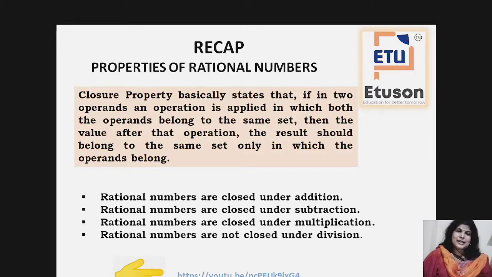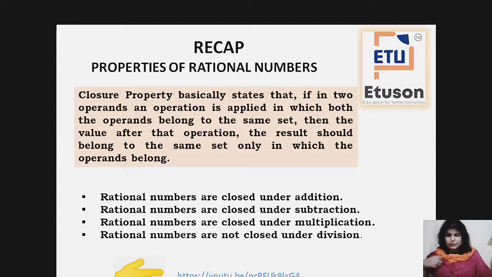So what is closure property? Closure property basically states that if an operation is applied on two operands, both belonging to the same set, then the result should belong to the same set in which the operands belong.